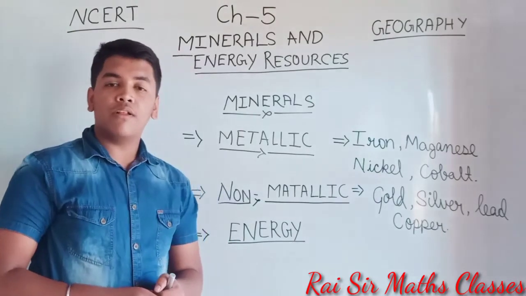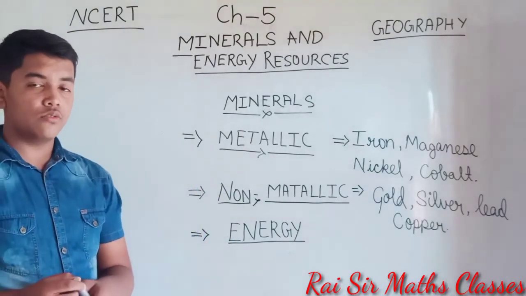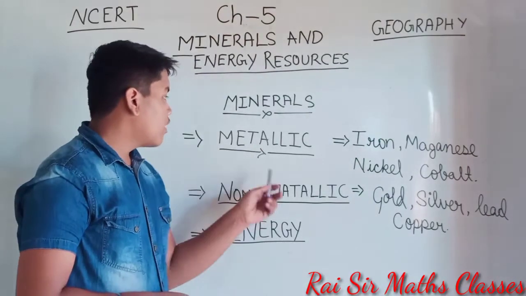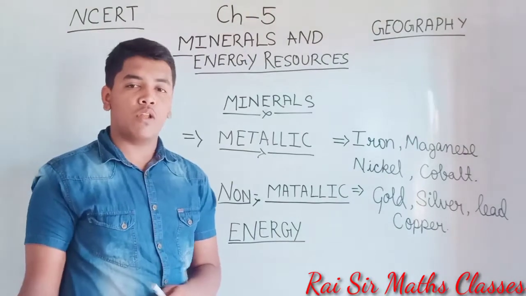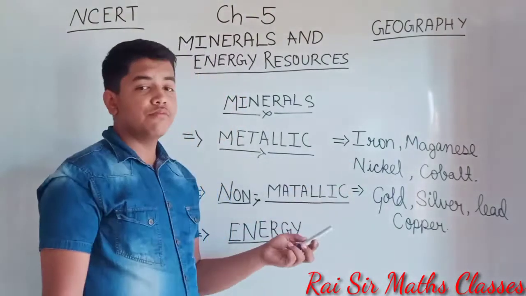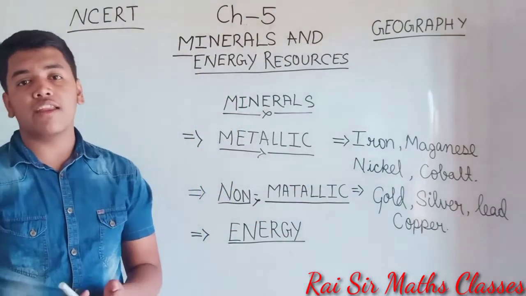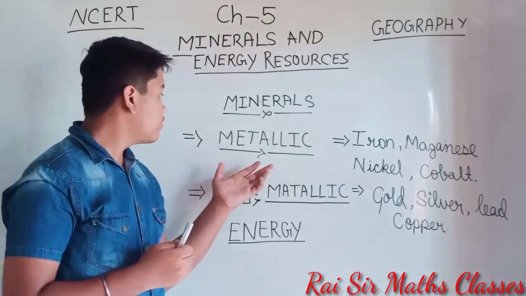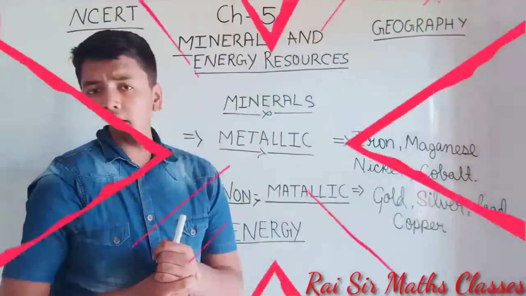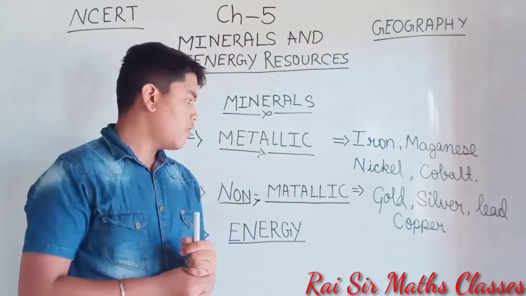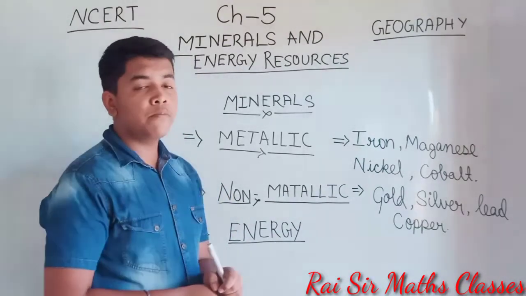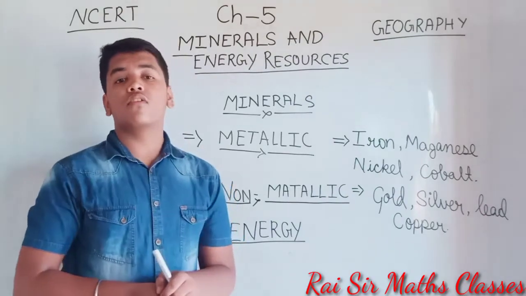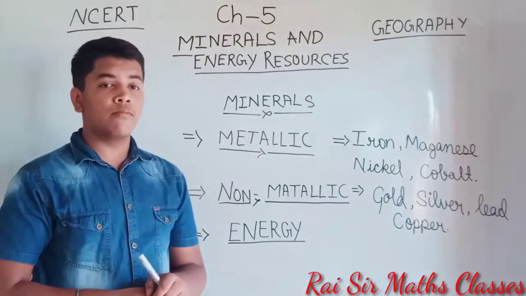You can give examples by the periodic table also. Examples of metallic minerals: the most popular one is iron; magnesium, nickel and cobalt are a few examples of metallic. Non-metallic are the minerals which have an absence of metals. In the periodic table we have different columns of metallic and non-metallic substances.